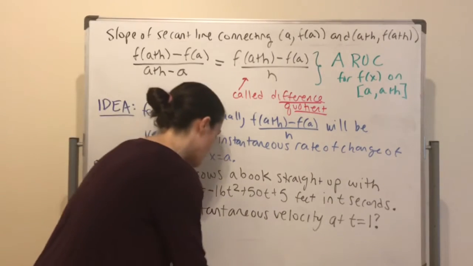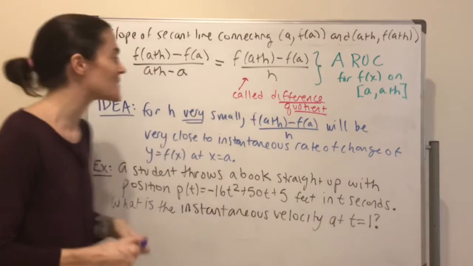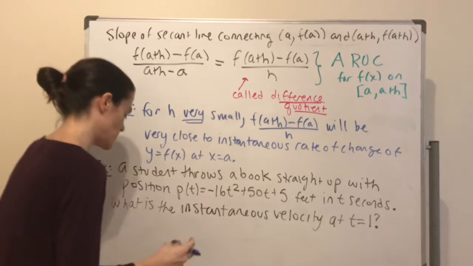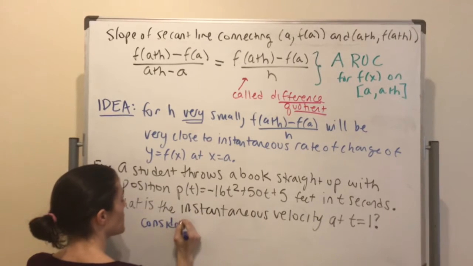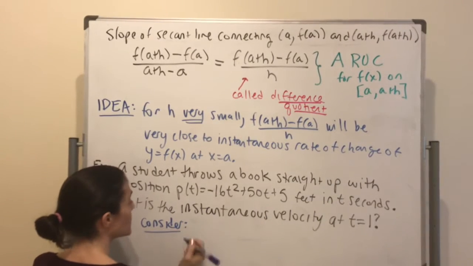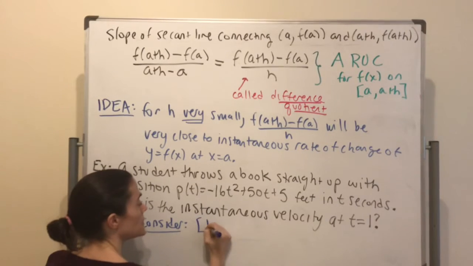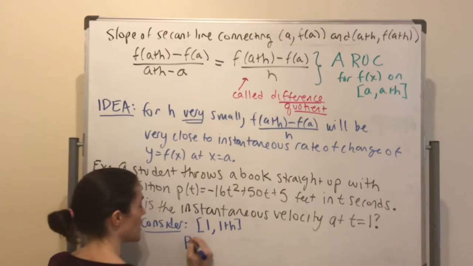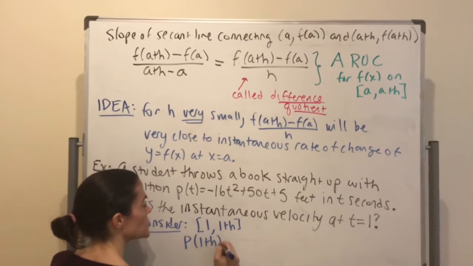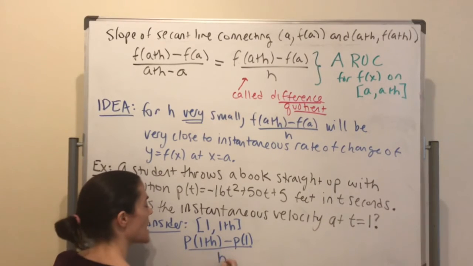Well, how can we start this? We can start this by looking at the difference quotient. So we want to consider the following: we would take the interval 1 to 1 plus h, and we would look at p of 1 plus h minus p of 1, over h.